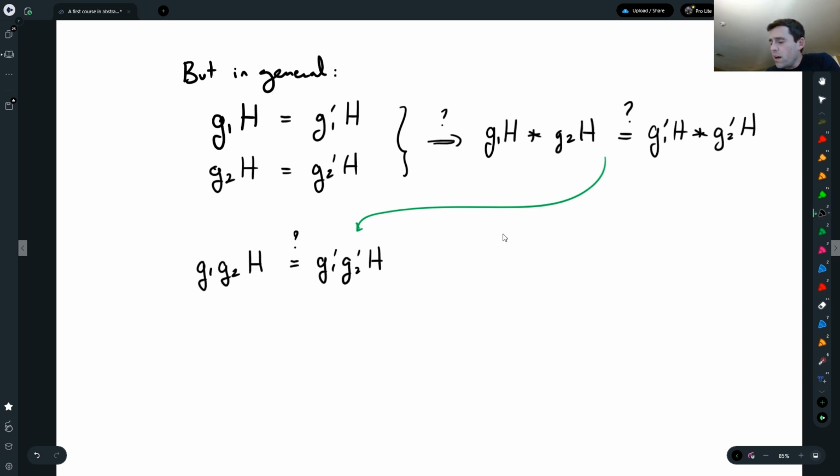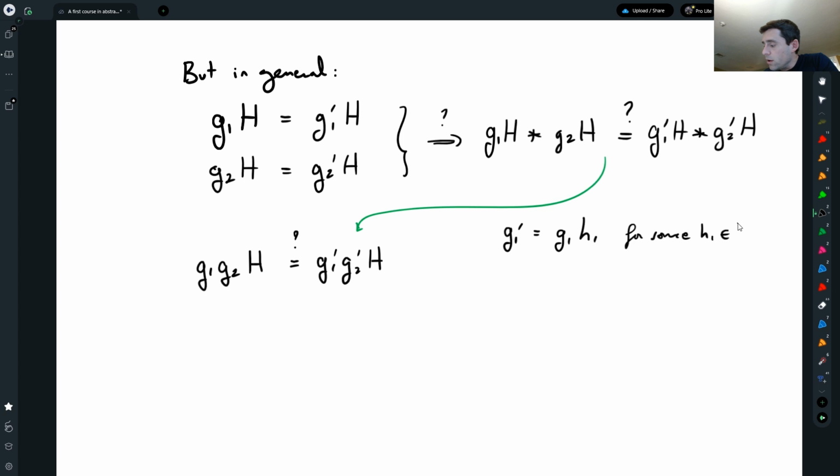So this implies that G1 prime has to be G1 times something in H, say H1 in H. And similarly, G2 prime has to be G2 H2 for some H2 in H.